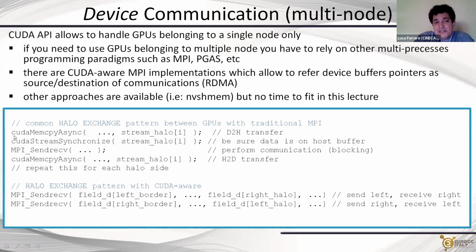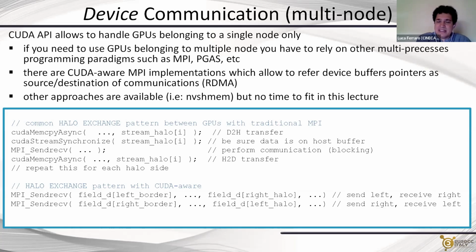This can be done, of course, with an explicit transfer device to host, synchronization. You make sure that the data that you want to send has been retrieved by your device. Then you make your MPI send to give your data to your neighbor. You will receive the data into another buffer.